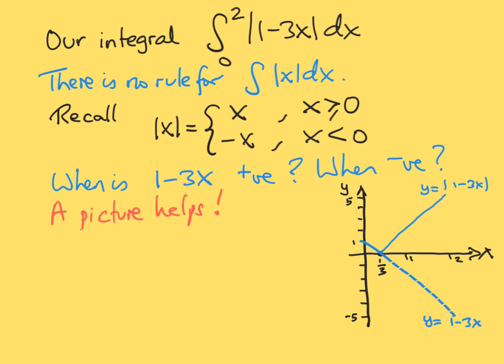So now our interpretation of this integral is that it is this area plus this area here. So I can just draw that as follows. I'll drop this line here, and then colour in this triangle and this triangle.